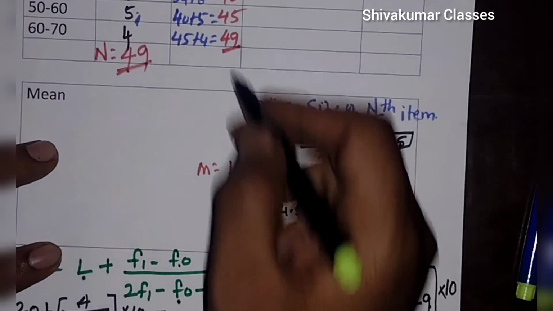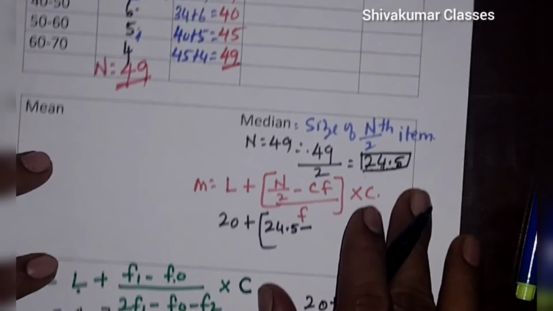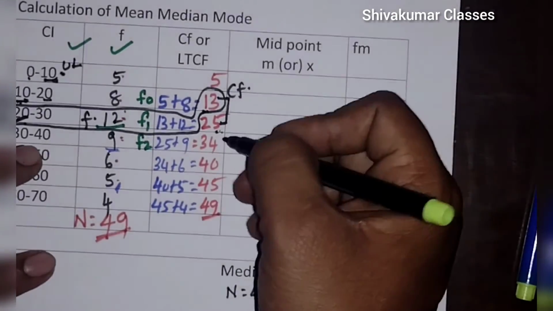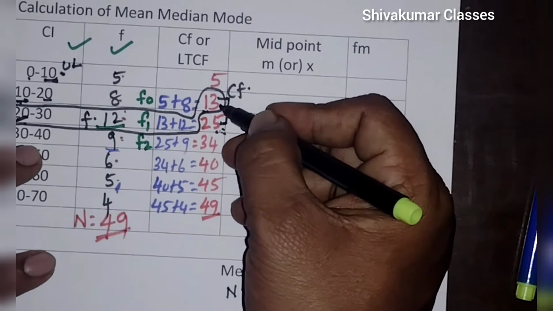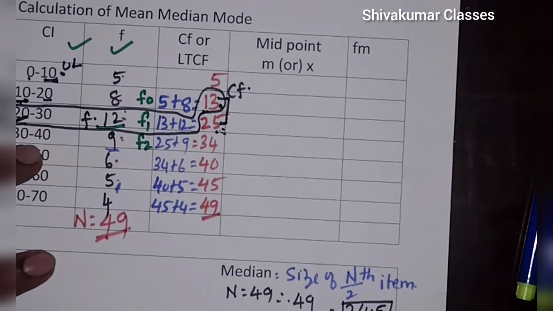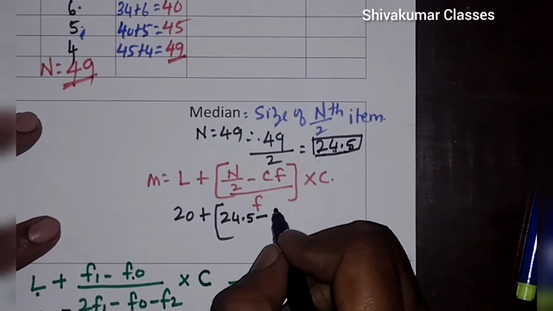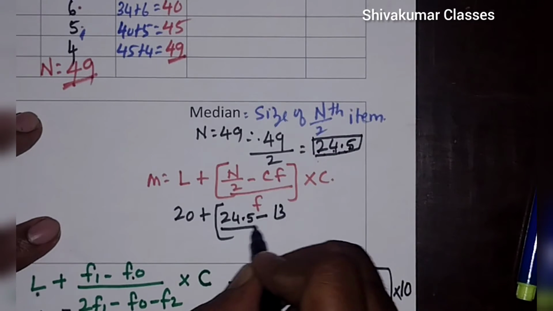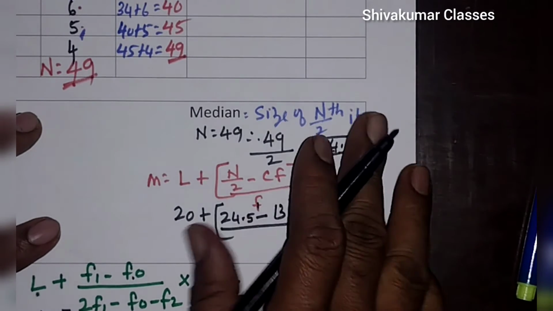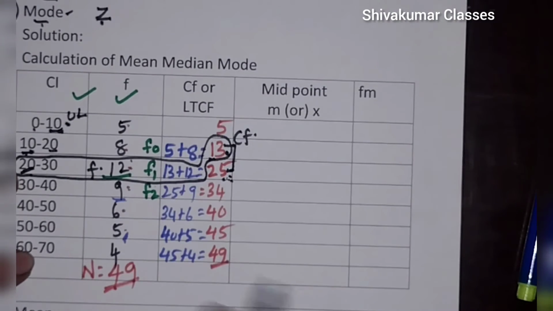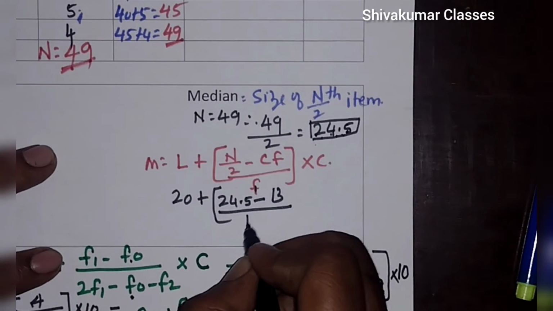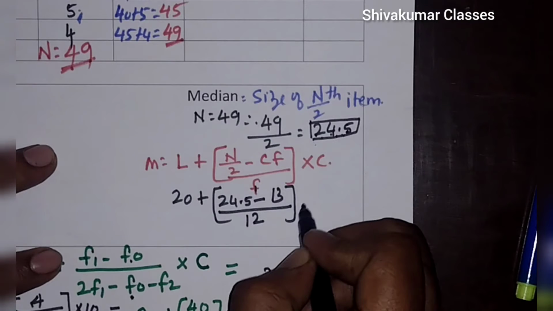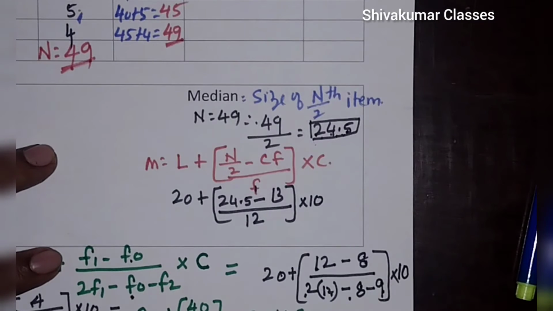In terms of CF, the value 25 is higher than 24.5, so I select the previous one, 13, divided by the frequency of that class, 12, and the width is 10.